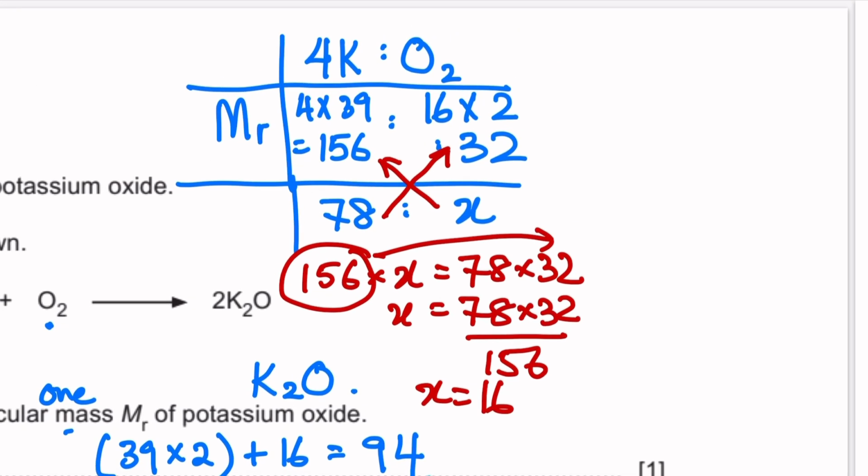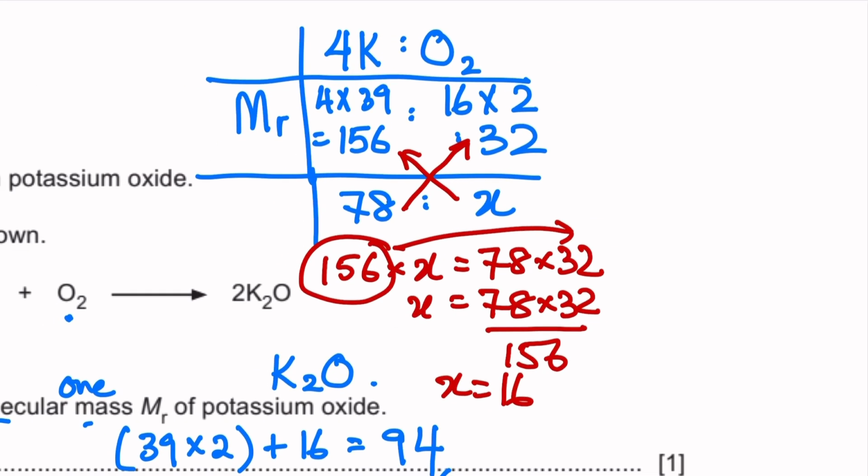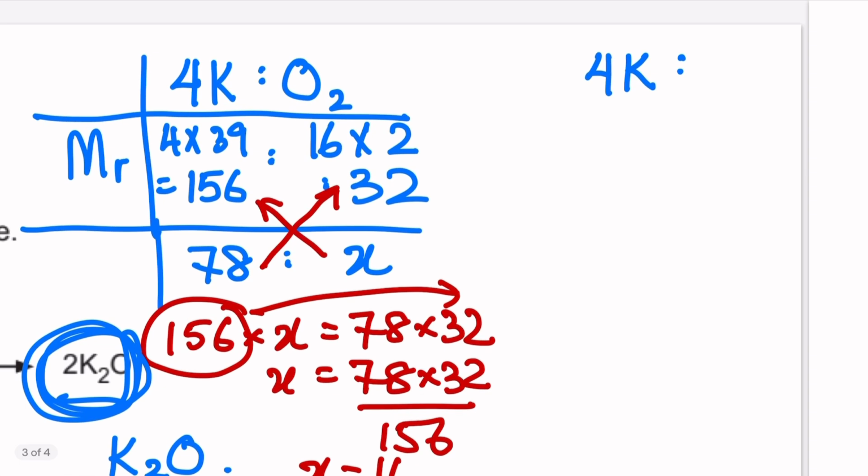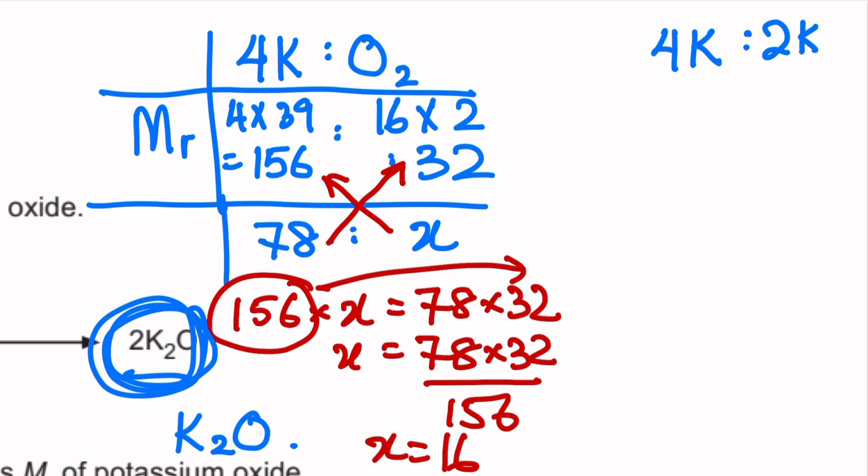This time we still need the 4 of potassium, because the beginning line starts with potassium, is 4K to the ratio of potassium oxide. Where's our potassium oxide? This, 2K2O. So we write here 2K2O.